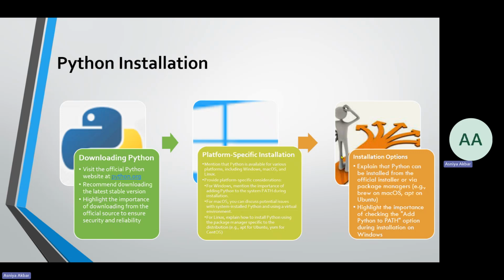So these are a few points that you need to keep in mind. And lastly, a few general tips: you always have to refer to the official Python documentation for platform specific installation details and troubleshooting.